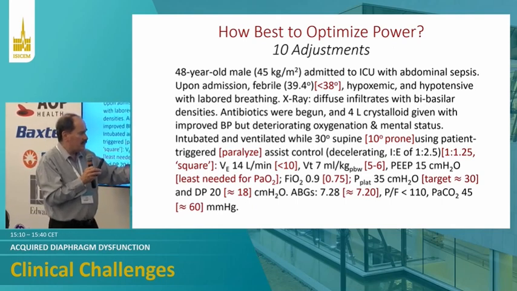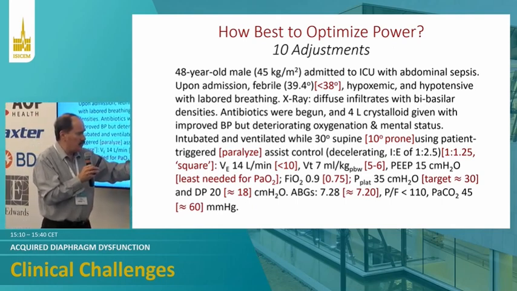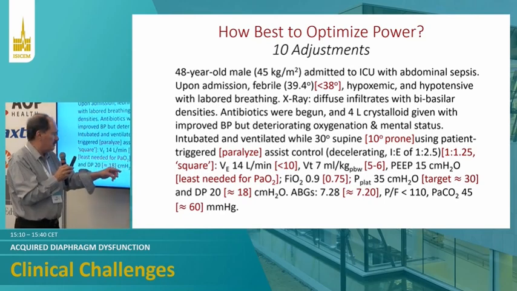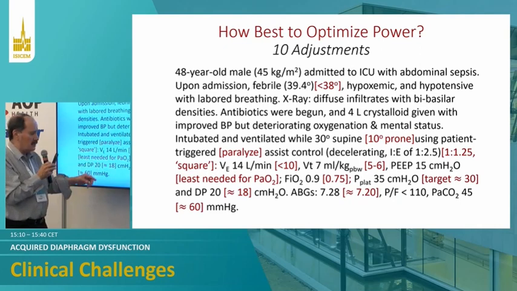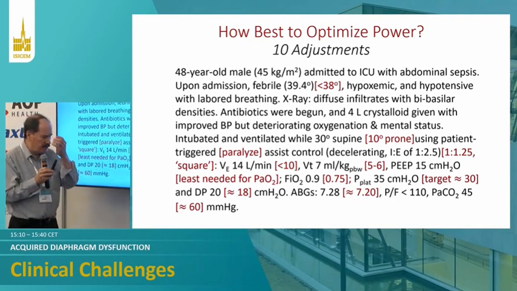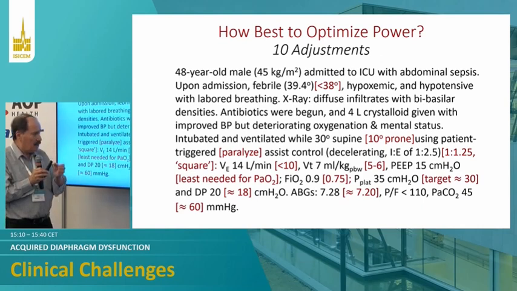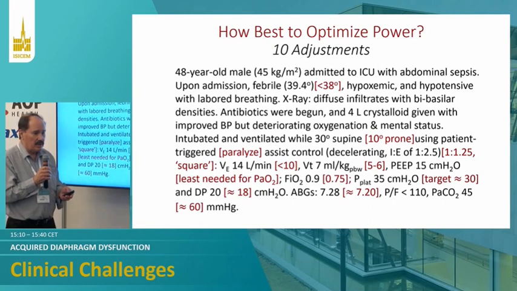Your 35 centimeters of water plateau pressure, it would be nice to bring that less than 30. And adjust PEEP to the least needed for the PaO2 that you're trying to achieve in this particular patient. So I can count 10 things that I would do differently at the bedside when I have in mind the power and the vulnerability.